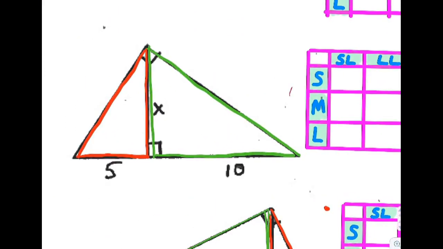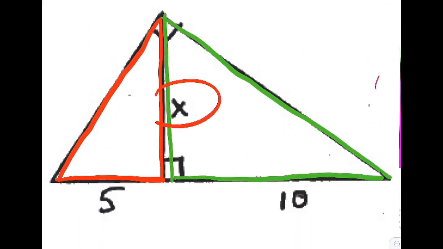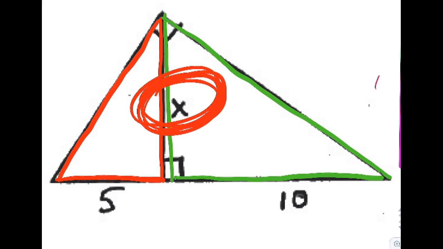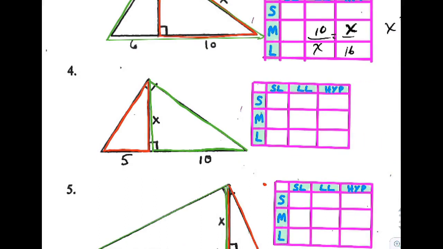Number 4. Looks like it's going to be a small and a medium. That'll always be the case when you have the middle label there, the altitude label. So the small one has a short leg of 5 and a long leg of x. And the medium has a short leg of x and a long leg of 10.